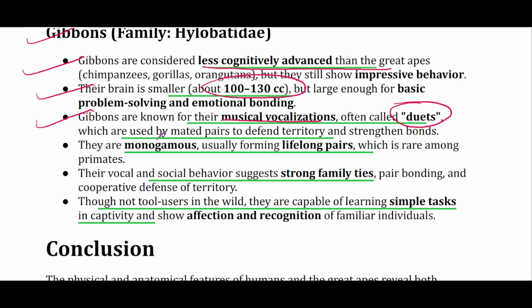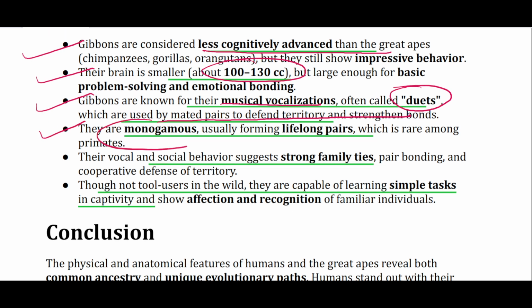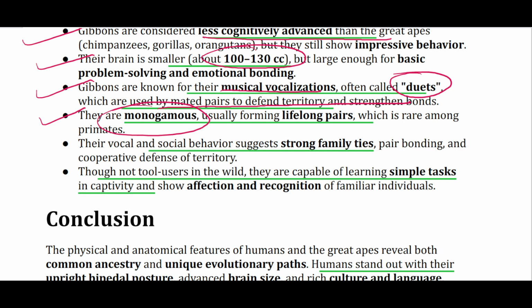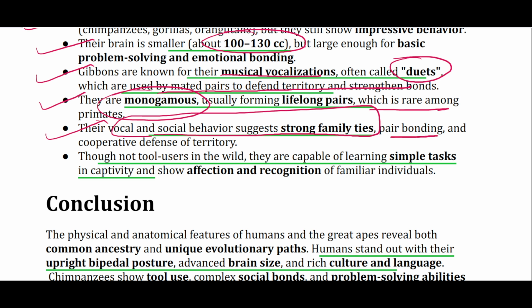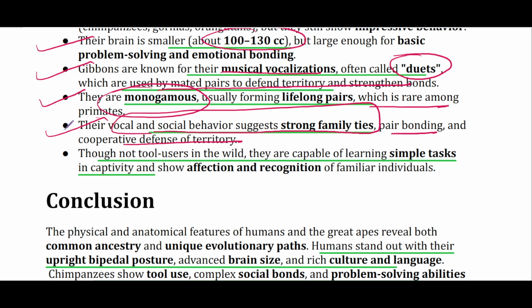So these duets are there between the mated pair to defend territory and strengthen bonds. They are monogamous, which means they usually form lifelong pair bonds, which is rare among primates. And their vocal and social behavior suggests strong family ties, pair bonding, and cooperative defense of territories.